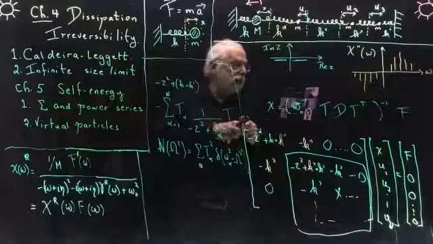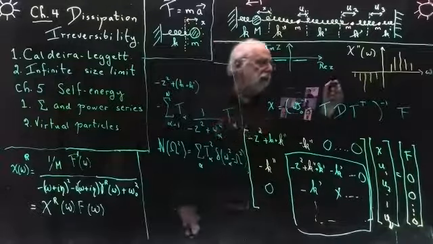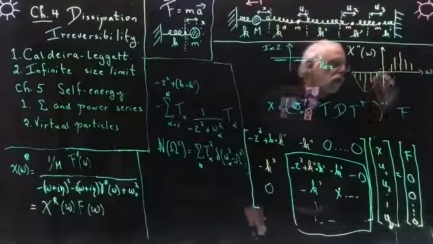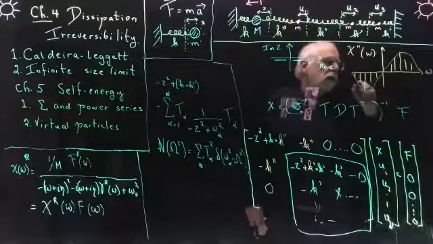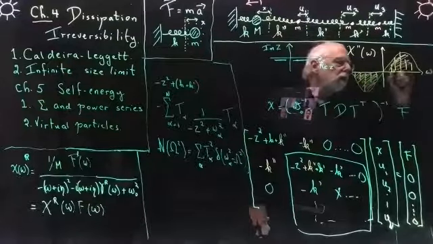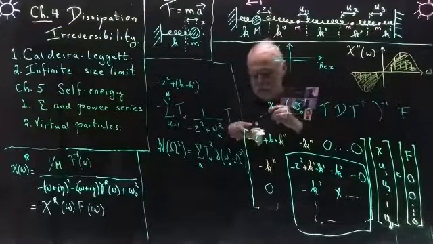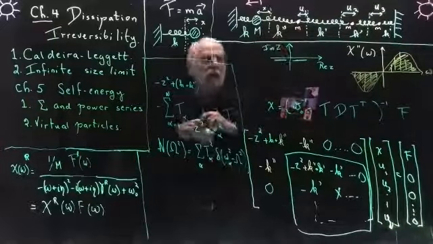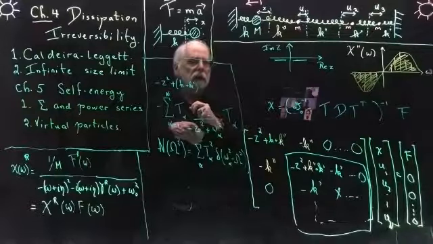What happens to this object? This object here now becomes some continuous function, for Caldeira prime. Is it okay?